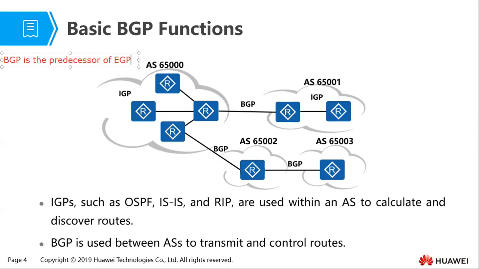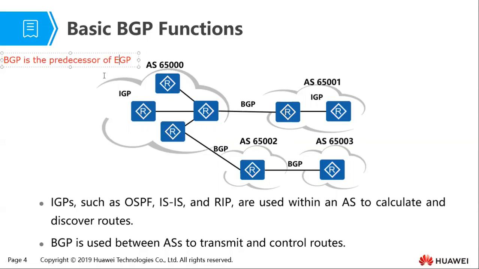I don't know whether that is correct. The one that comes after, is it the predecessor? On this statement, BGP is the predecessor of EGP. If BGP is the one that replaced EGP, is that statement correct, the way I've written it? Okay, so BGP is the successor of EGP.